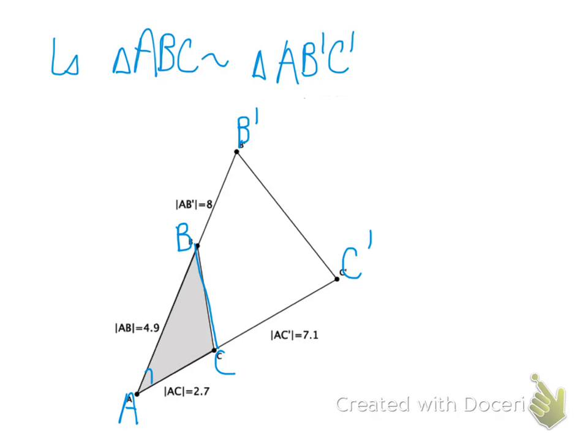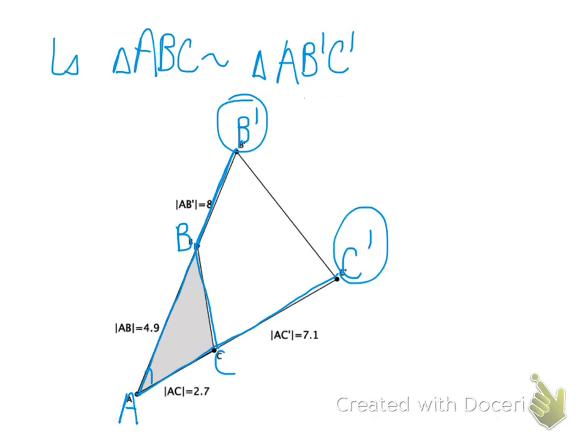So I'm going to check for a common scale factor of the dilation of B to the scale factor used to dilate C. If it's the same scale factor along both of those sides, then I know I have a dilation, therefore I have parallel lines and I have similar triangles.